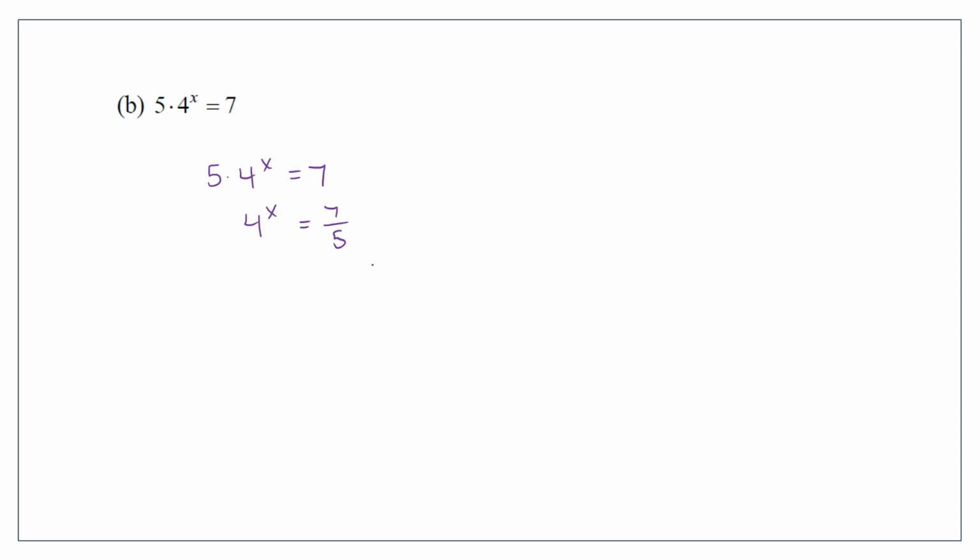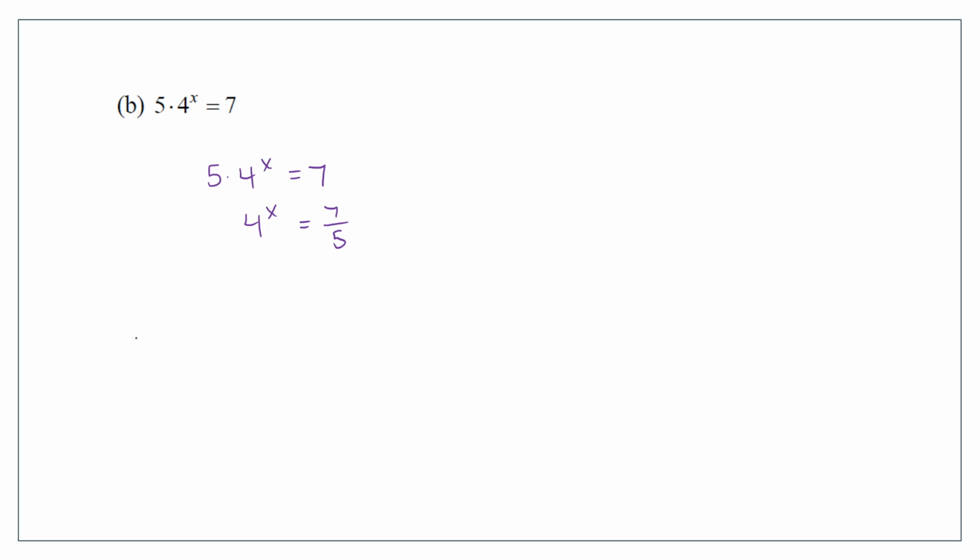So now I have a base of 4 on one side and a base of 7 over 5 on the other. I cannot make one look like the other, so we can either rewrite this as a log, or we can apply the natural log to both sides and then solve for x. Either way works. I'm going to show you both processes.